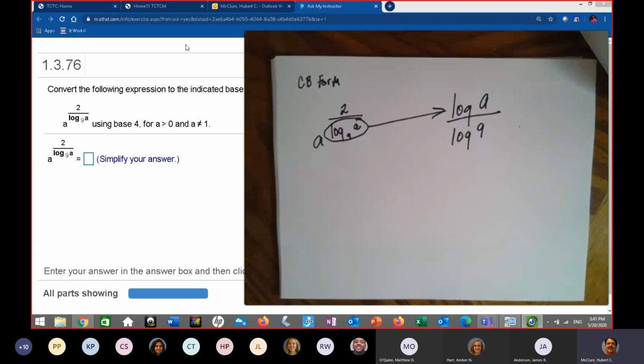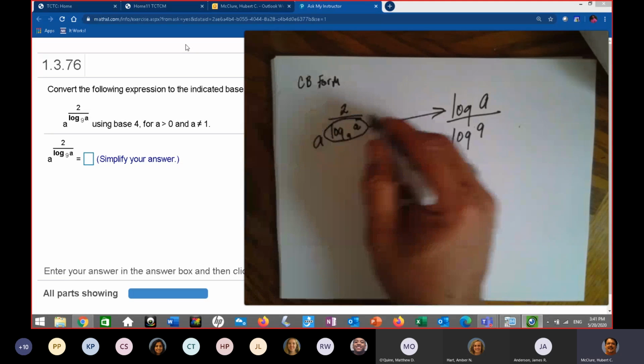Now, I'm not too crazy about using lowercase a and 9 together. As a math teacher, I would never do that because they look similar.